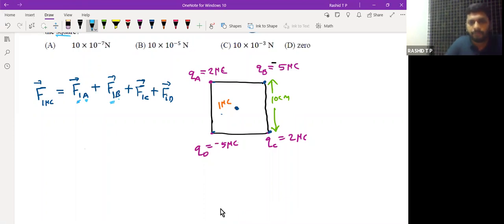Now see, the force experienced by this 1 microcoulomb charge because of charge A, both being positive charges, acts along the line joining the two charges.